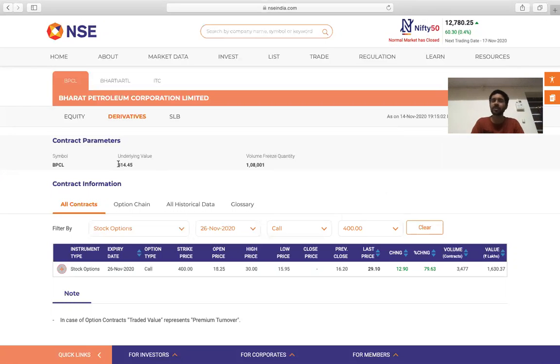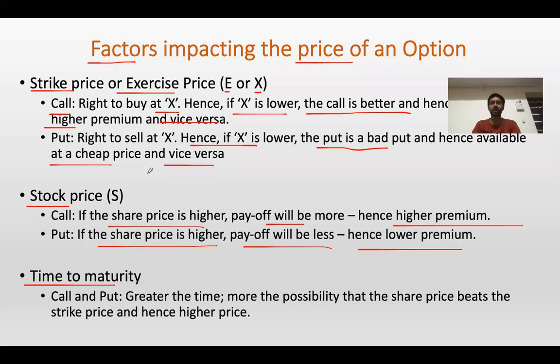If you remember, the stock price increased from 394 to 414. It increased by 20 rupees. So as per what we saw over here, if the share price goes up, the payoff for a call option will be higher and the call premium should also be higher.